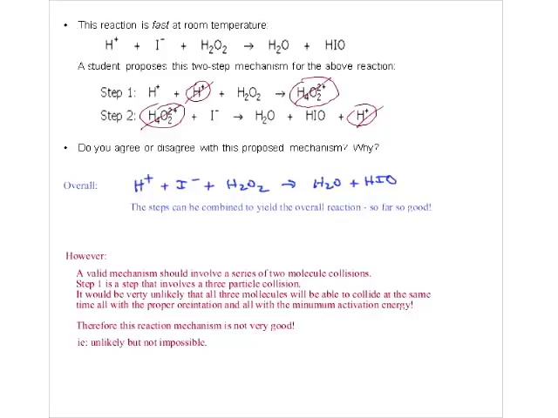No one's saying it wouldn't. But it's very unlikely because it's more likely if it was only 2 molecules. Like step 2 is likely because it's a 2-molecule collision. Step 1, possible, but unlikely because it's 3 molecules that would have to collide, all with the correct orientation, energy, and they'd have to collide at the same time. Okay, there we go. So that's reaction mechanisms.